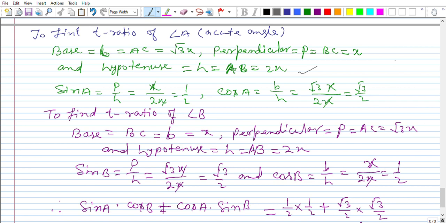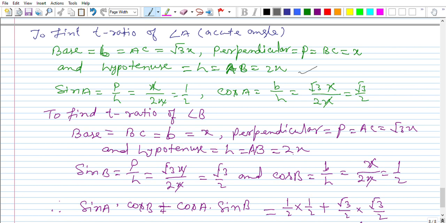And to find the ratios of angle B, now we are taking B as an acute angle, then base changes to perpendicular and perpendicular changes to base, hypotenuse as constant, there is no change in hypotenuse.